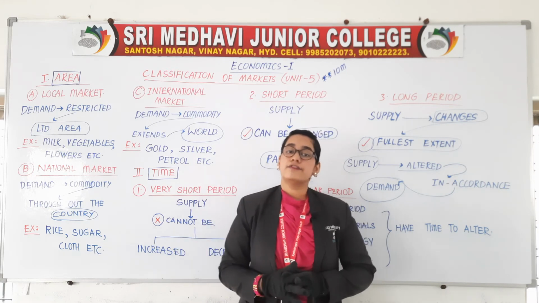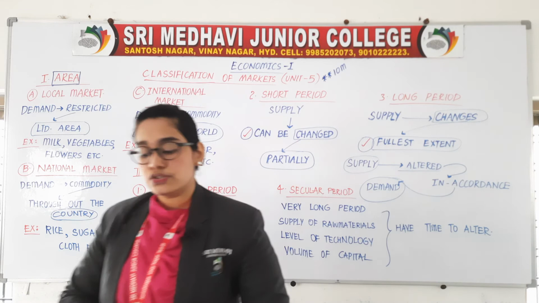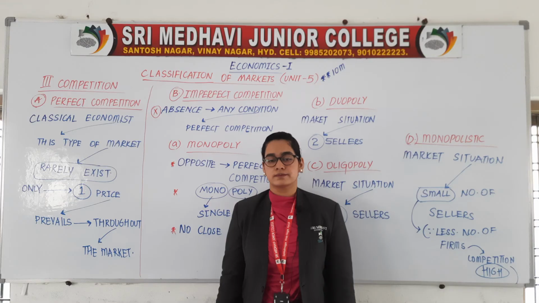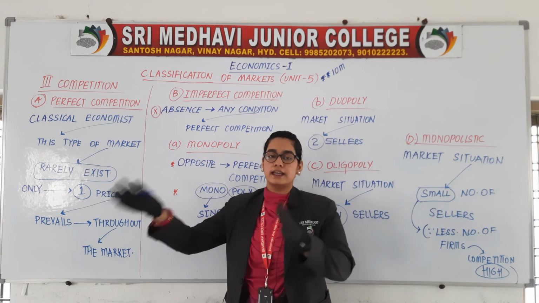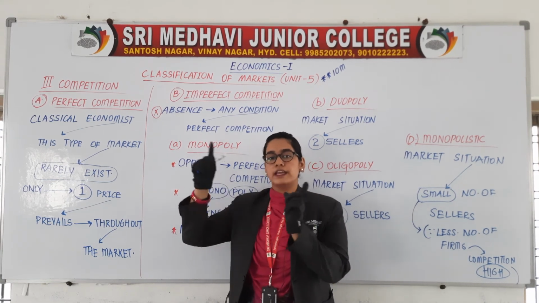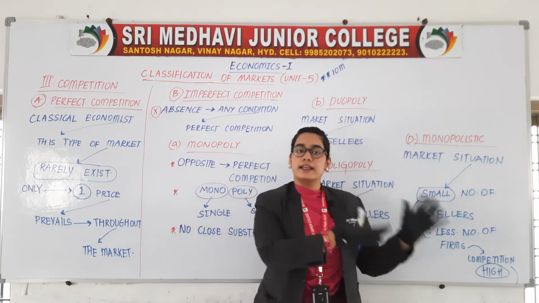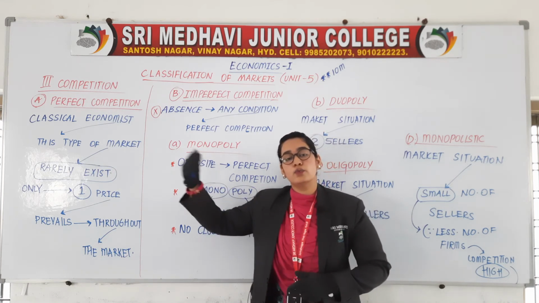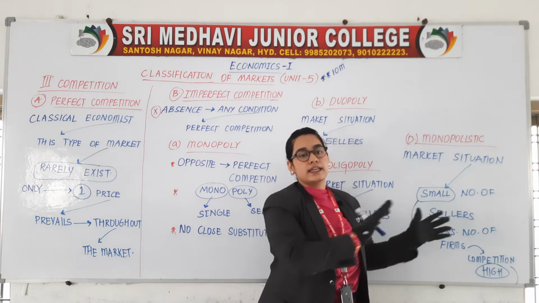Now at last and final, we are going to discuss how many kinds of competition the market is divided into. So markets were classified based upon area and based on time. Based upon area, it was local market, national market and international market. Based on time, it was divided into very short period, long period and secular period.